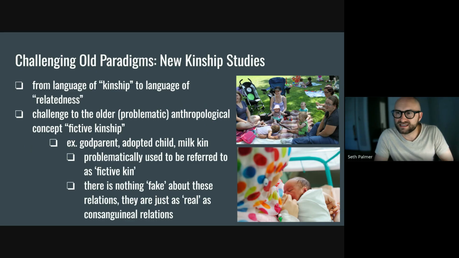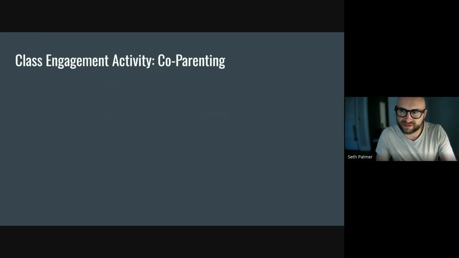Again, that's an idea that would be very disturbing for individuals who come from a society where there's this concept of milk kin, because then you'd have no clue who you're potentially related to if so many women are sharing milk with so many different babies, right? Again, just another example of how different these ideas about kinship can end up being. There is nothing fake about these relationships. They are just as real as consanguineal relations. Right?